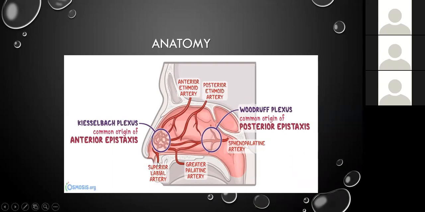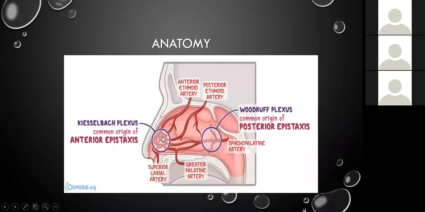And it has all these arteries: the greater palatine artery and the sphenopalatine artery, which are coming from the external carotid. And then you have the anterior and posterior ethmoid arteries, which are branches of the ophthalmic artery, which is a branch of the internal carotid artery.